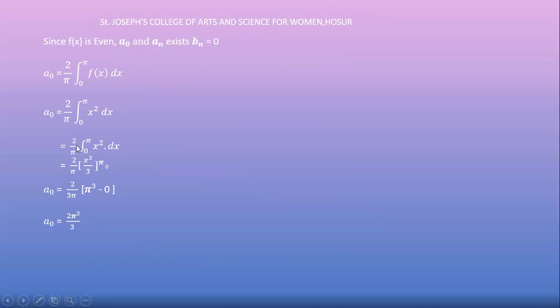Here 2 by pi is a constant. Integrating x square with respect to x, we will get x cube by 3, from 0 to pi. So 2 by 3 pi, where 3 is also constant, so I am taking it outside.